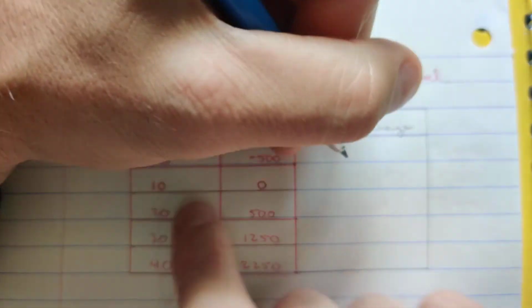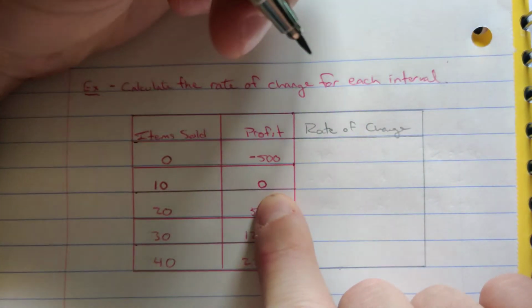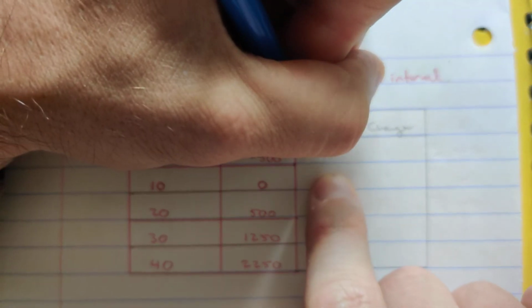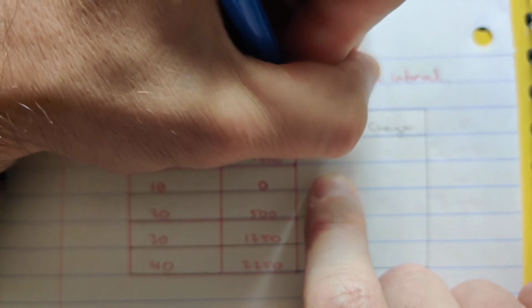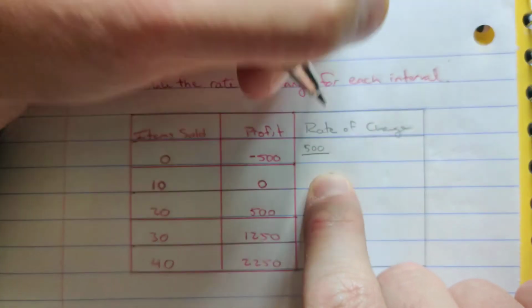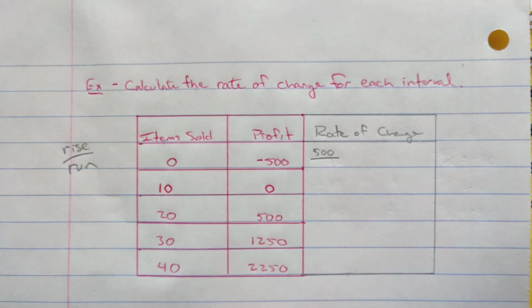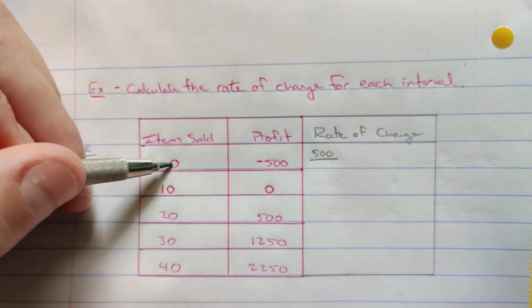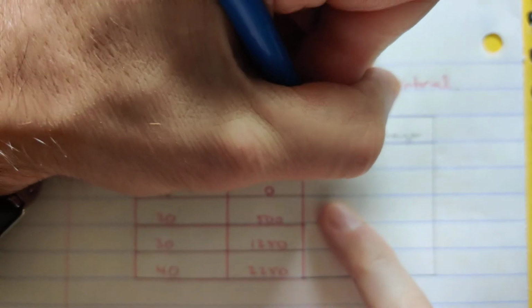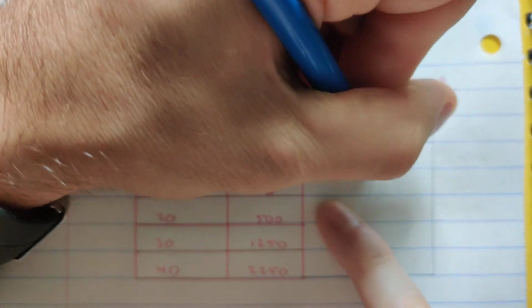So we're going from negative 500 to 0. So our rise is 500 over the run, right? Rate of change is rise over run. So 500 over the run, which is the change in the horizontal values, which is 10. So that equals 50.